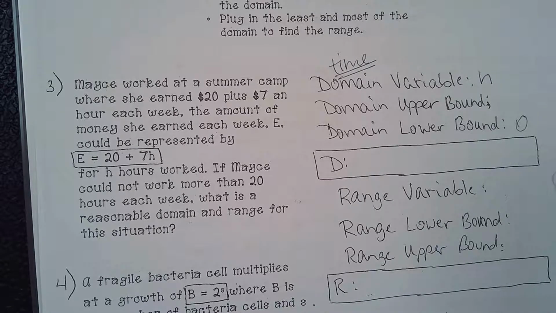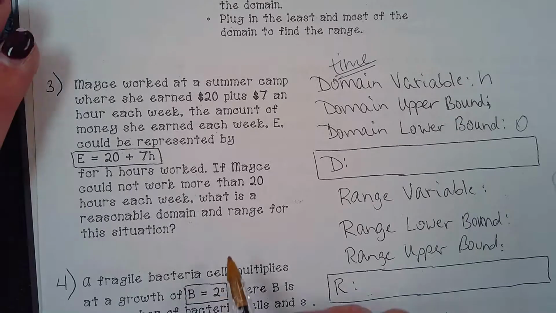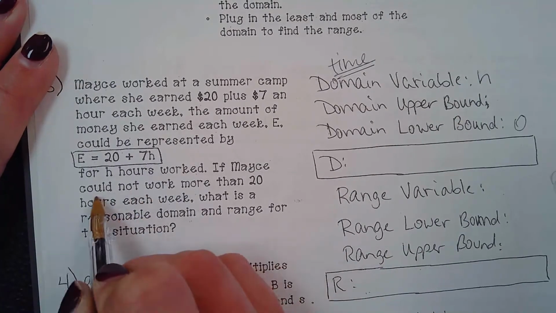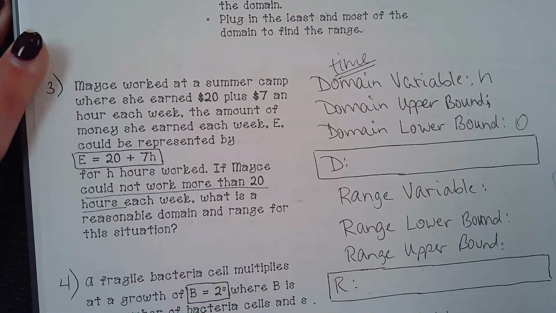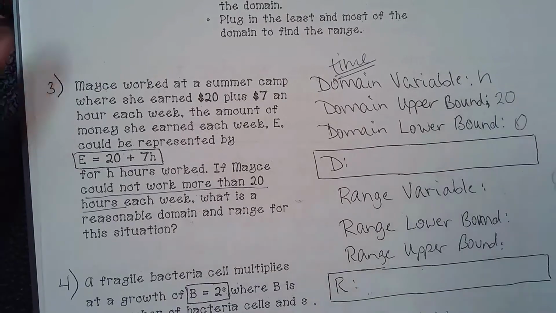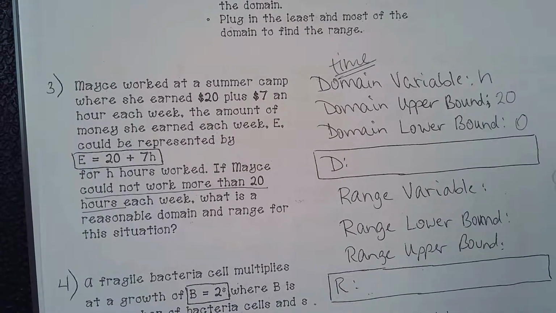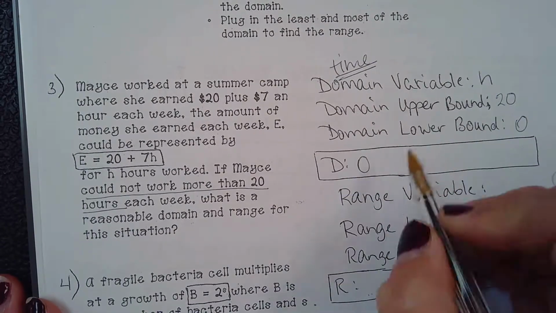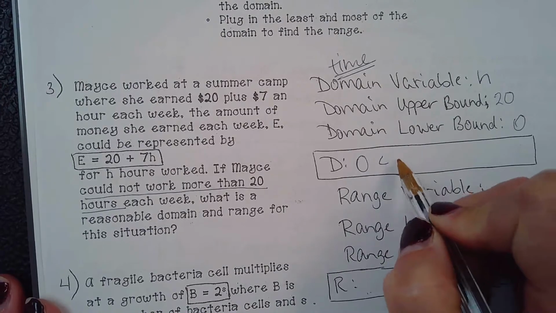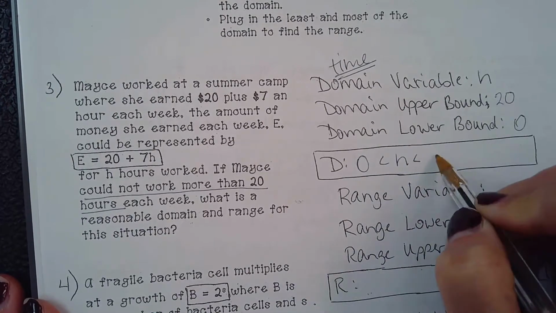What's the most hours they'll let you work? 20. So when we go write our domain, how are we going to write it? 0 less than H less than 20.